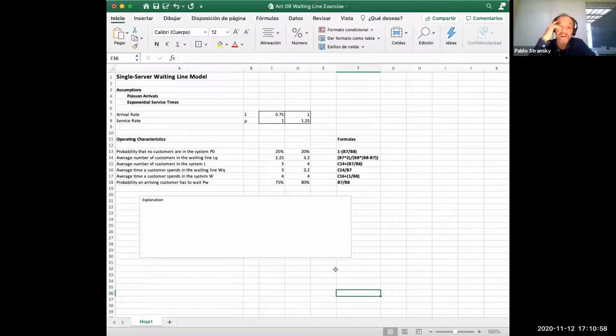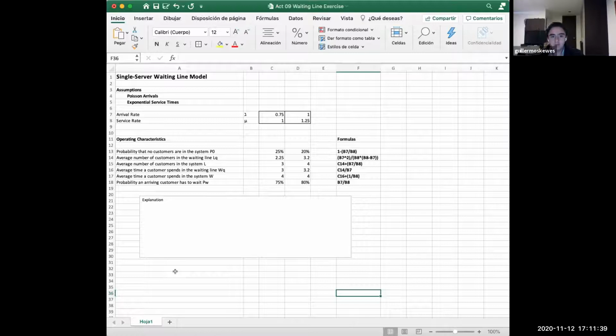It increased because the relation between both numbers increased, the proportional gap between lambda and mu reduced. It's still 0.25 the difference, but 0.25 from 1 is 25%, while from 1.25 it's only 20%.